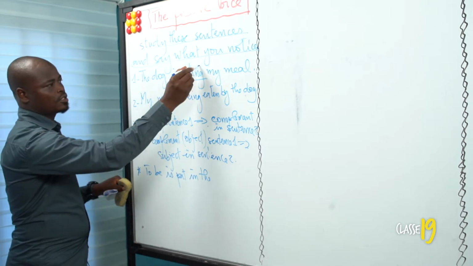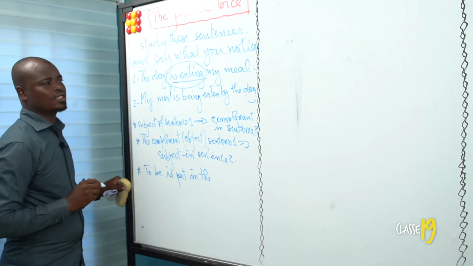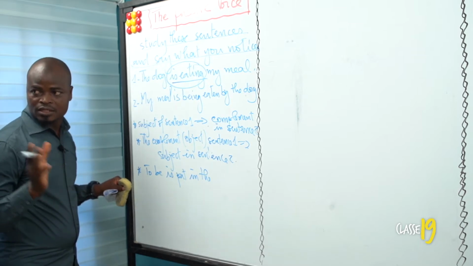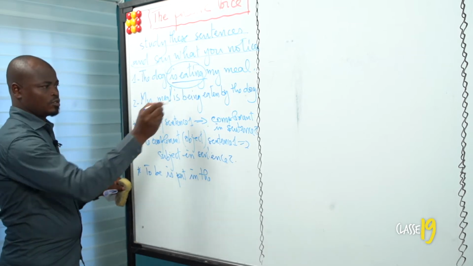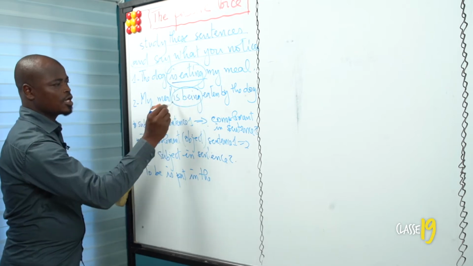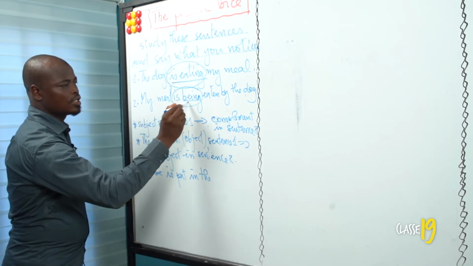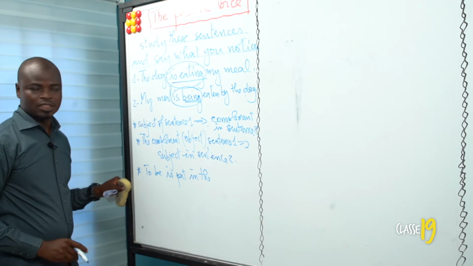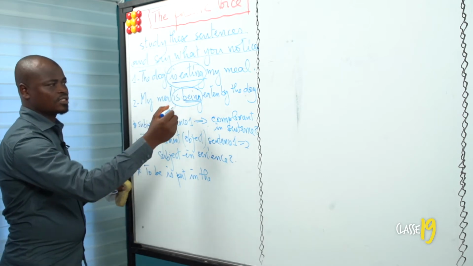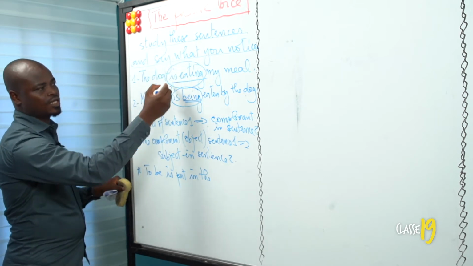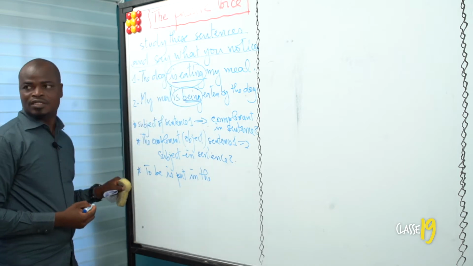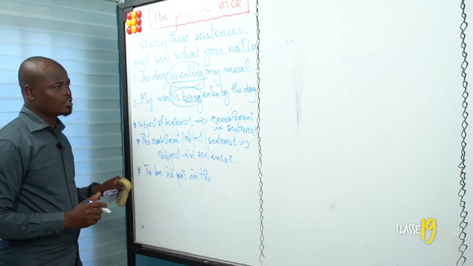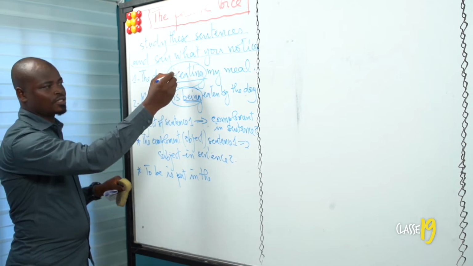Look at the verb here. The verb here is in present continuous. Look at to be here. Here is to be. What is its tense? It is the same tense as the verb in sentence 1. So, to be is in present continuous.